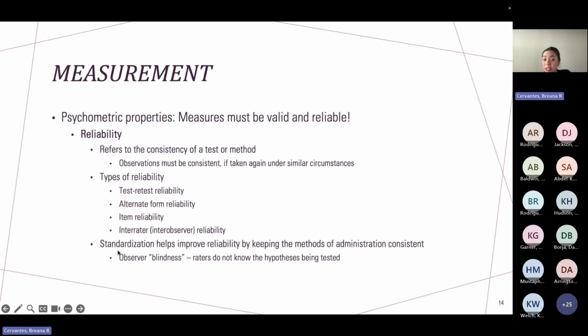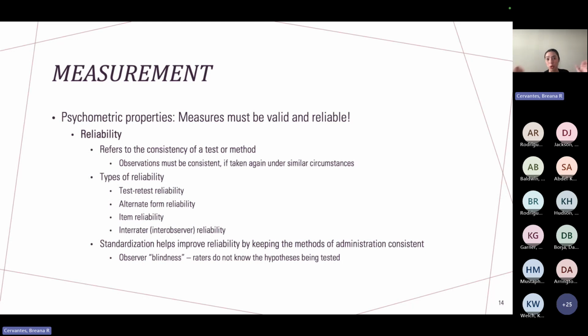So there are different types of test reliability. There's test-retest reliability, which would be: I gave this one measure at time point one, and then I gave it again at time point two. Each time that I gave it under the same conditions, my result from each time is somewhat similar. That would show good test-retest reliability. Alternate form reliability is literally what it sounds like. I have form A and I have form B, which are theoretically similar.